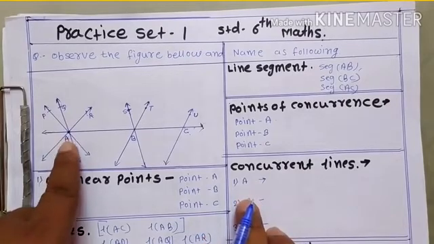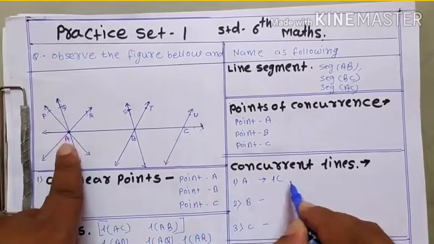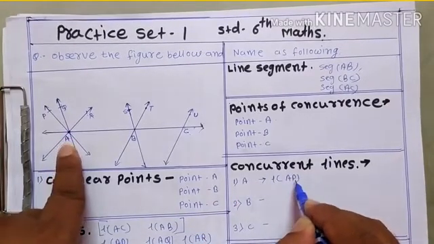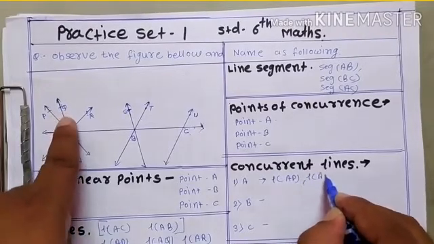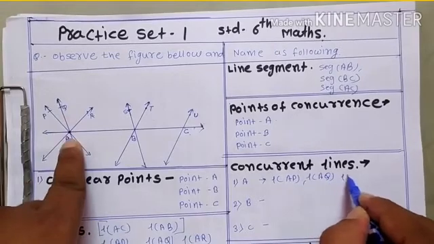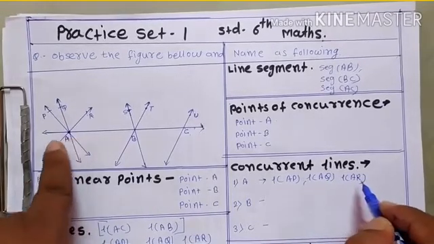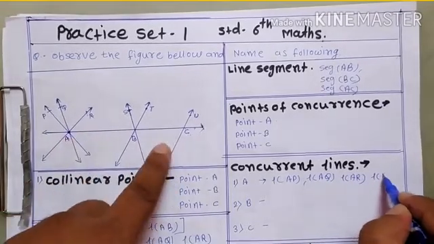Let's see, at point A there are 4 lines passing through the point A: line AP, line AQ, line AR and the main horizontal line AC.